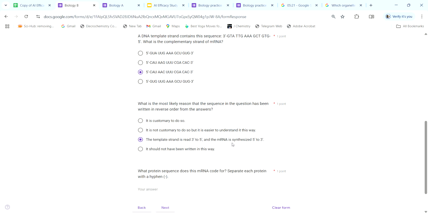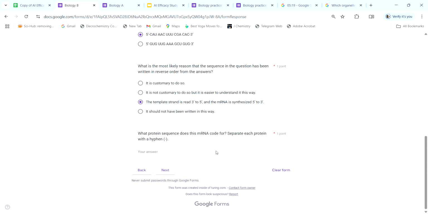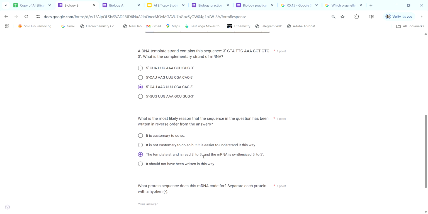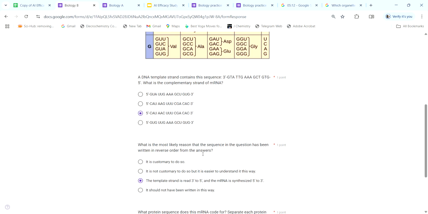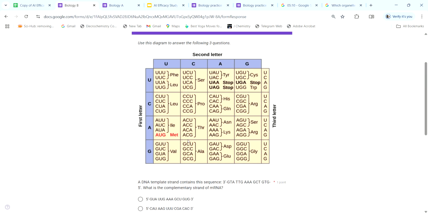What protein sequence does this mRNA code for? CAU is histidine.